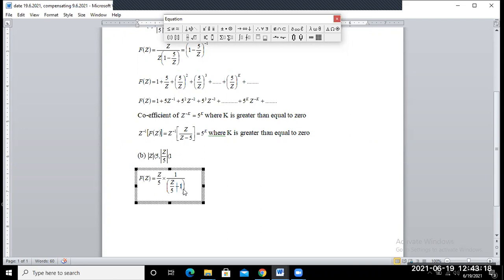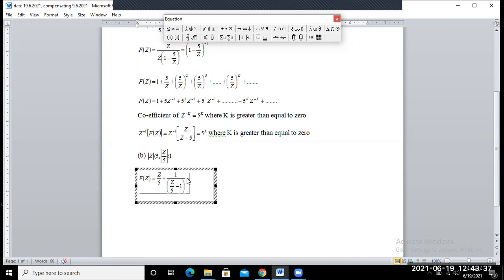So if you want to transform it into the form 1 minus r, we can write here minus z by 5 into (1 minus z by 5) whole to the power minus 1.